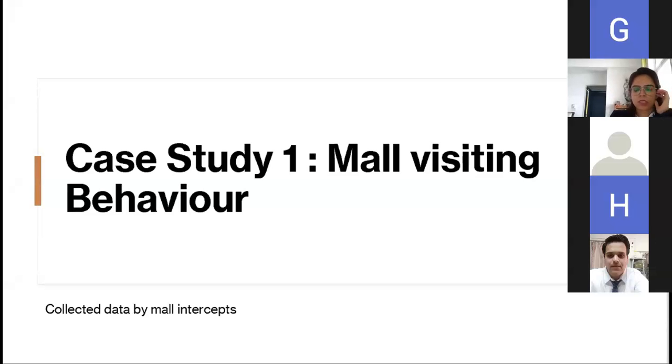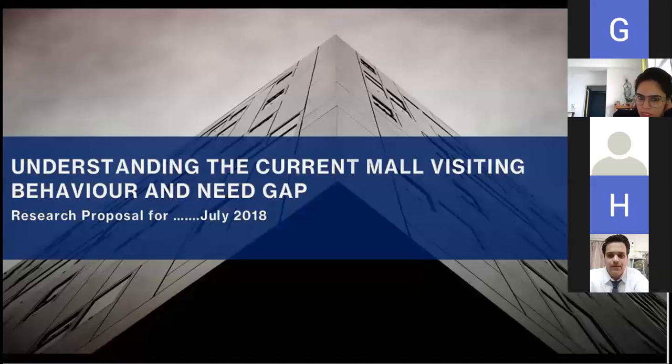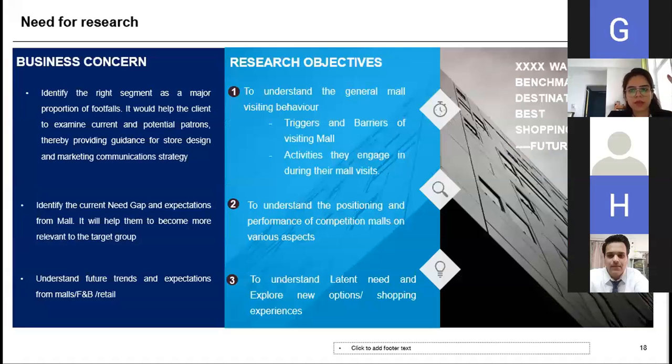This study was done to collect mall visiting behavior. So this client wanted to know what are the various mall visiting behaviors and what are the need gaps. Basically, this client wanted to set a benchmark for a destination. They wanted to come up with something like a futuristic mall, something which is very new.